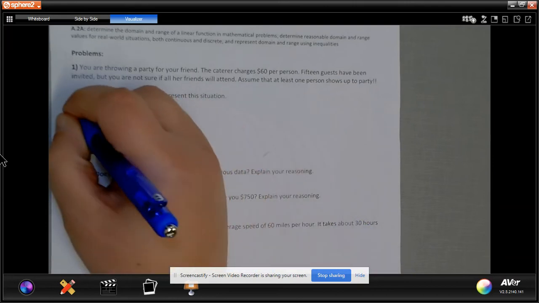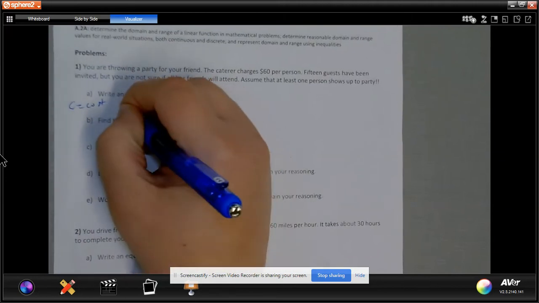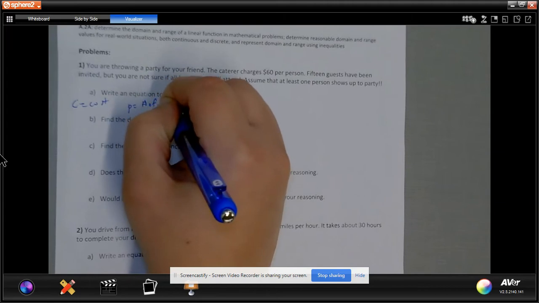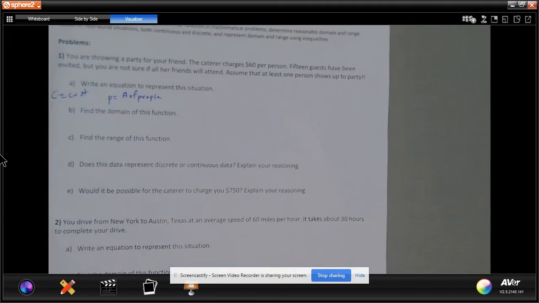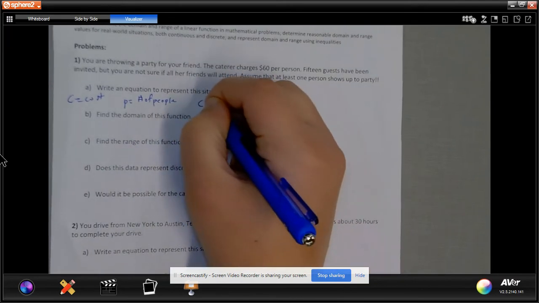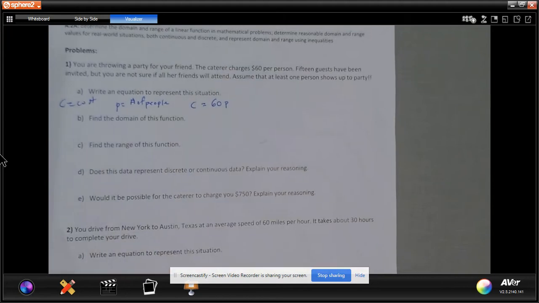We'll say that C equals the cost, and P is the number of people that attend this party. That means our equation is C equals 60 times P, because it's 60 times the number of people coming.